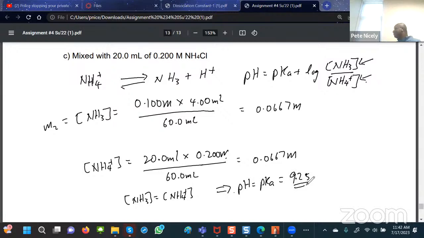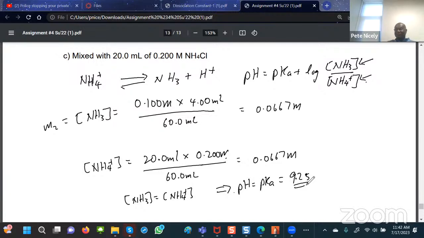And that's it. Or 9.26. Is it 9.26 or 9.25? Whichever it is, I don't remember exactly. From the previous problem, I think it was 9.25, so I'll stick to that. All right. Any questions about this?